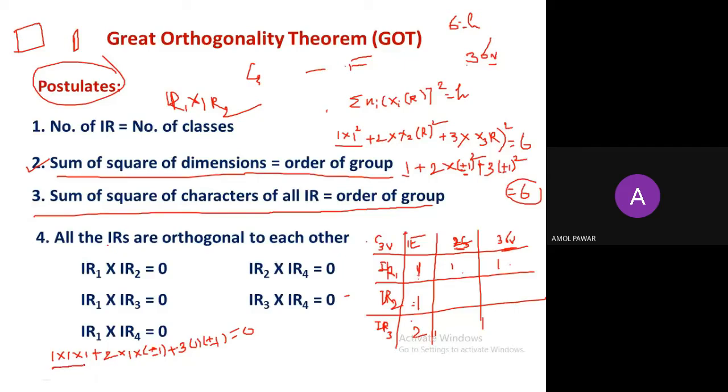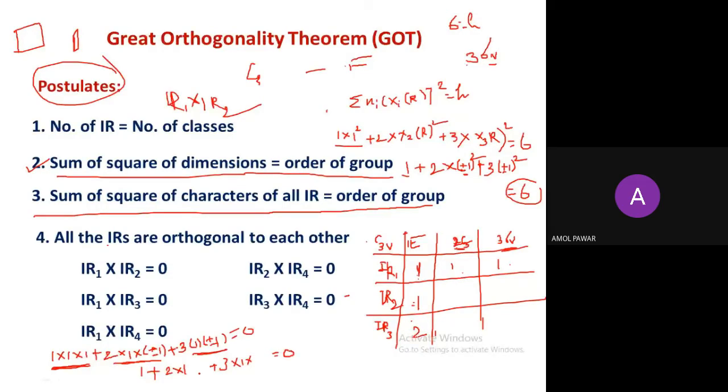Now this 1 into 1, this is for identity, correct? For identity, I can write here 1. Now this is for C3 and this is for sigma v. Okay. Now what I have to write here, see, 2 into 1 into minus 1 or plus 1, or again here 3 into 1 into something, is equal to 0.